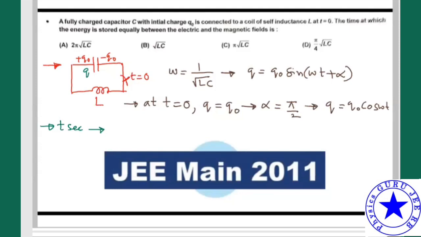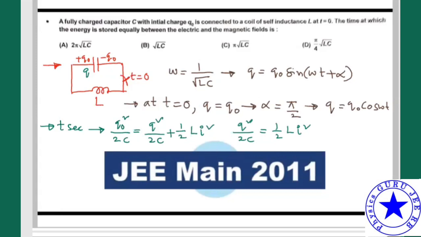according to conservation, initially q naught square divided by 2C equals q square divided by 2C plus the energy stored in the inductor, half L i square. But here we can say that q square divided by 2C should equal half L i square, the energy stored in the inductor.